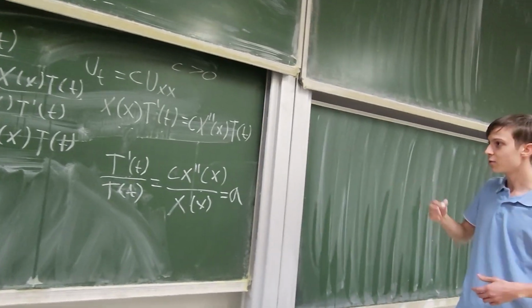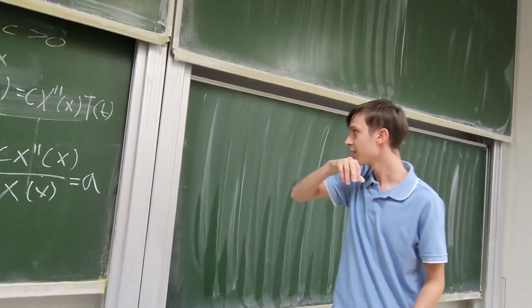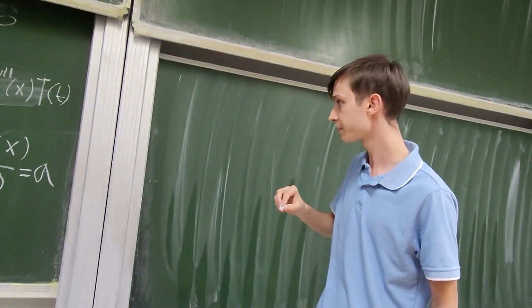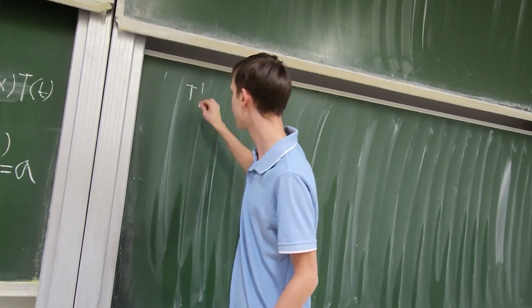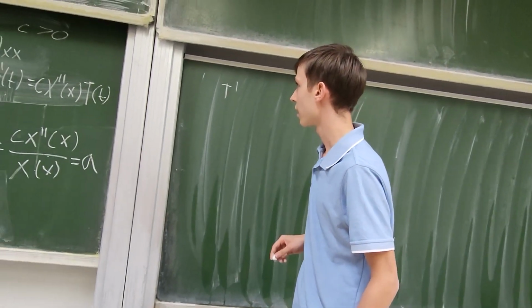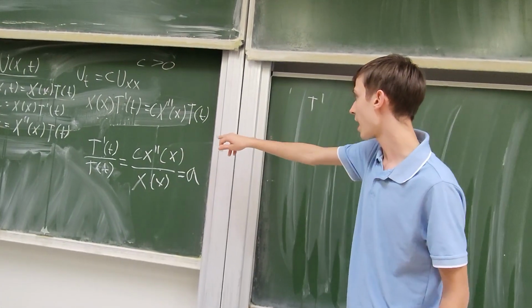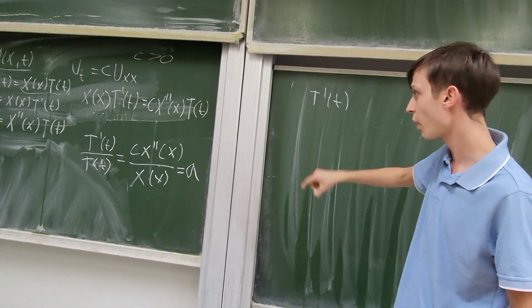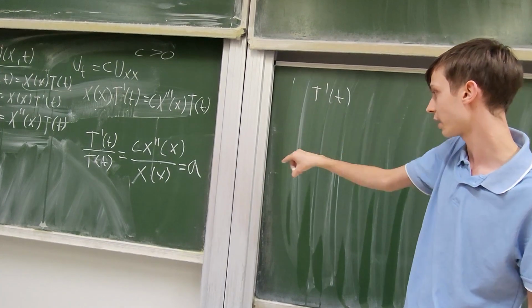So namely what I can do is write two equations, which of course will have more variants, as you will find out in a second. The point is as follows: T prime of t over T of t will equal a, just like c X double prime of x over X of x equals a.